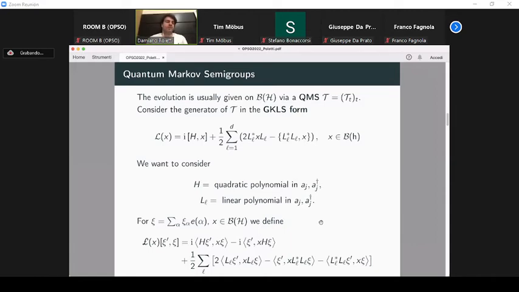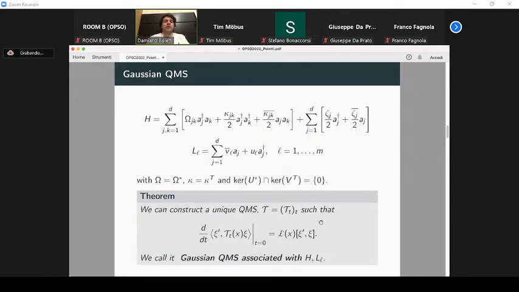So what is the definition of a Gaussian quantum Markov semigroup? We choose H, as I anticipated, as a quadratic polynomial in a_j and a_j daggers. Here also appear the coefficients we are choosing, and the only condition on these coefficients is that H is at least a symmetric operator.